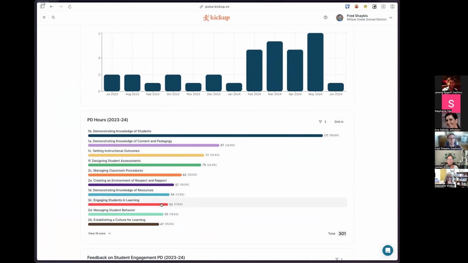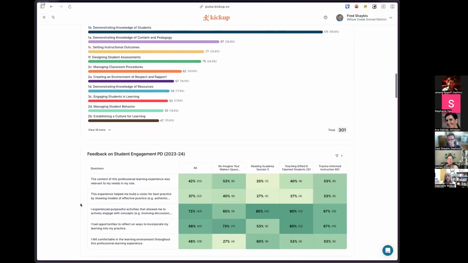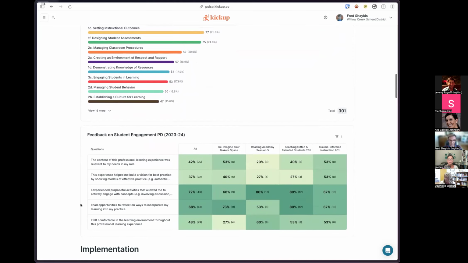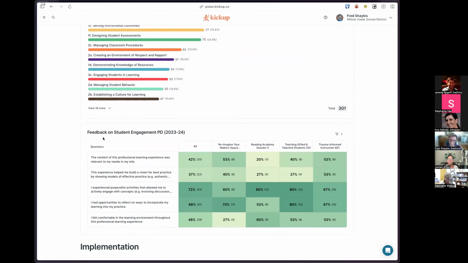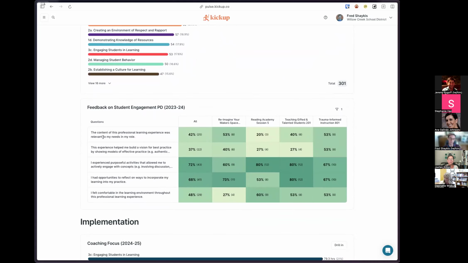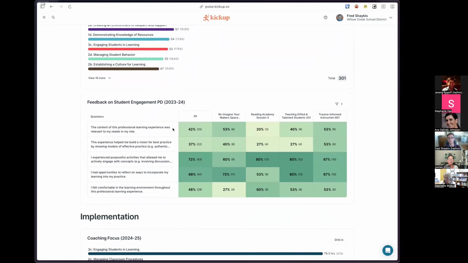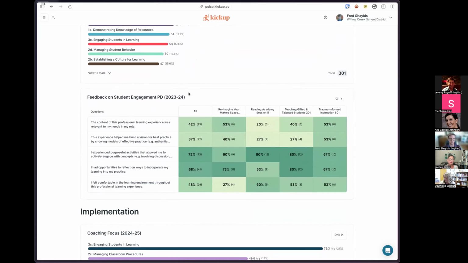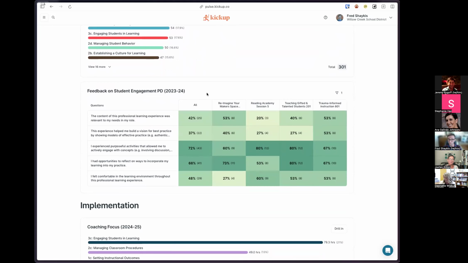And so feedback from attendees was another critical input in their planning process. They actually looked at feedback specifically about sessions targeting student engagement. And of course, they were looking at this throughout the course of the school year, but looking at it more summatively, they saw that across all the learning opportunities, the content was not deemed to be very relevant.